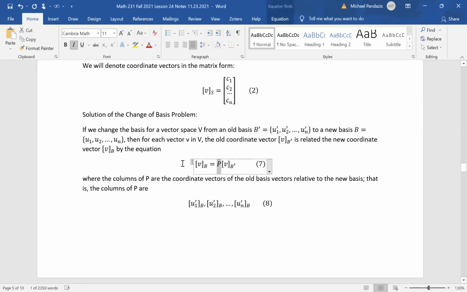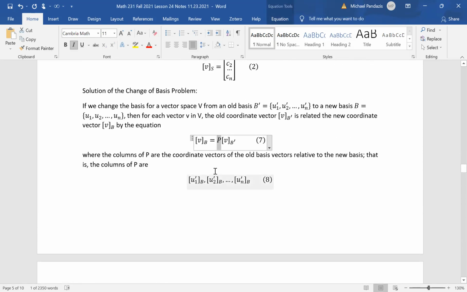So the goal is to find this transition matrix P. This transition matrix P is built by columns. So you want to find the columns of P one at a time: the first column of P, then the second, then the third, dot, dot, dot, then the nth.